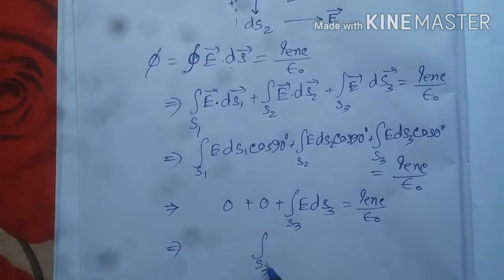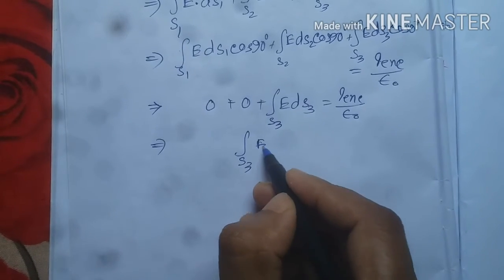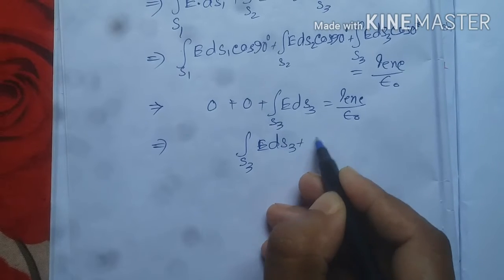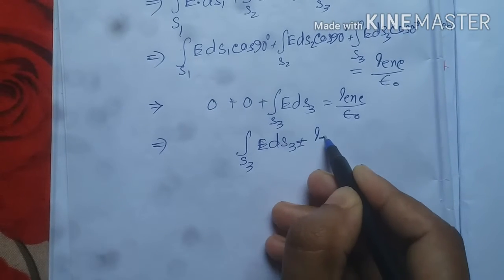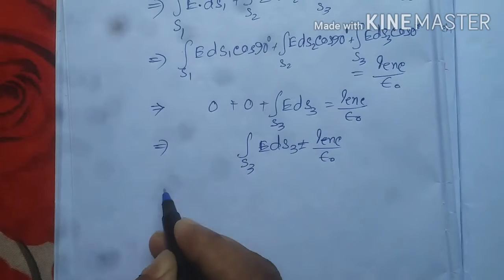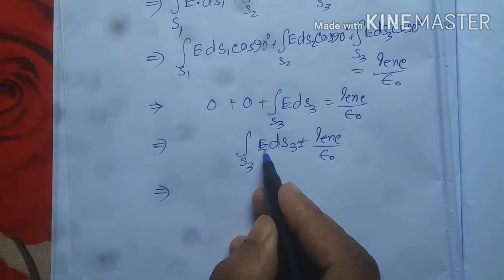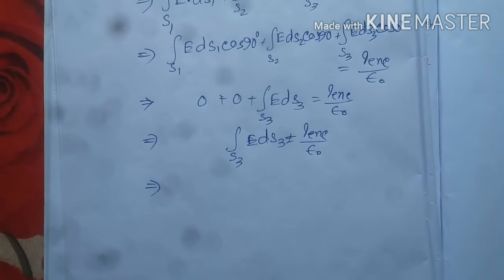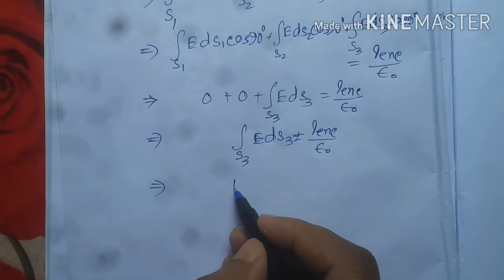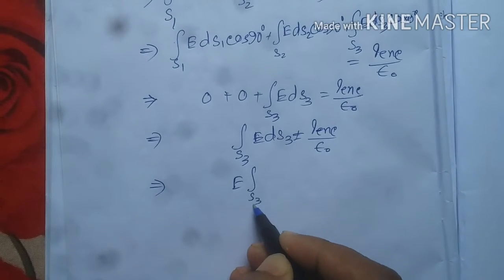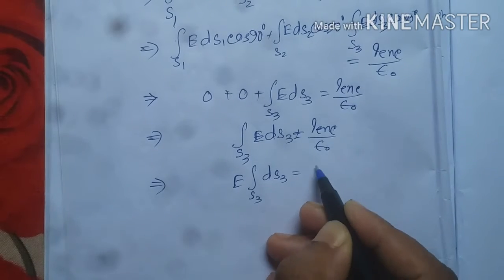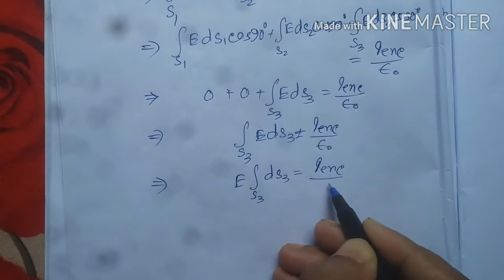So the integral over S3 of E ds3 equals Q enclosed divided by epsilon naught. Here E is constant because this electric field is uniformly distributed, so we can take it outside the integral. So E times the integral of ds3 equals Q enclosed divided by epsilon naught.